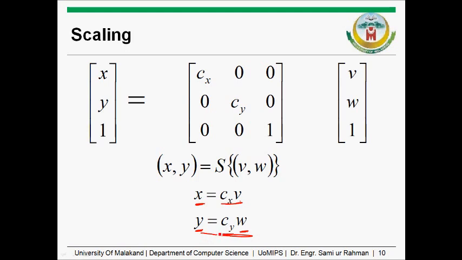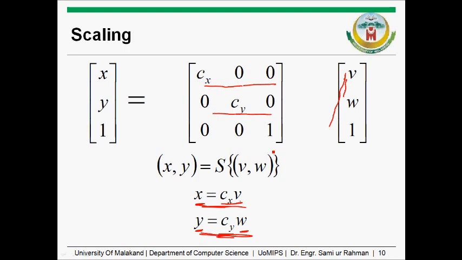Now the difficulty may arise in how we get this matrix. When you multiply this row with this column, you get this value, and when you multiply this row with this column, you get this equation.